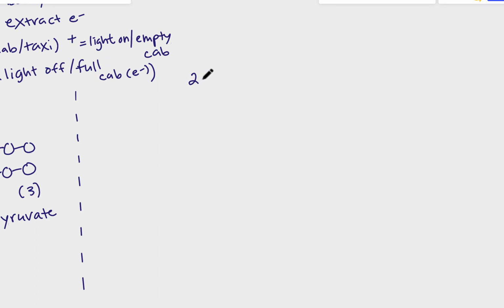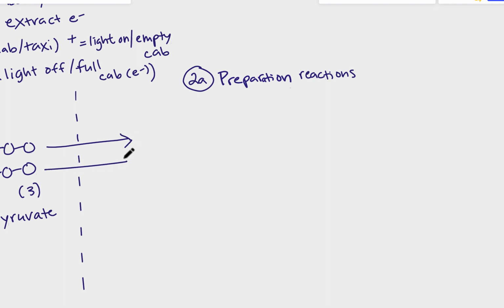So we're going to do what I call 2A, and in our book they call those the preparation reactions. They happen in a compartment inside the cell. So pyruvate is transported into that compartment, and we call that compartment the mitochondrion.